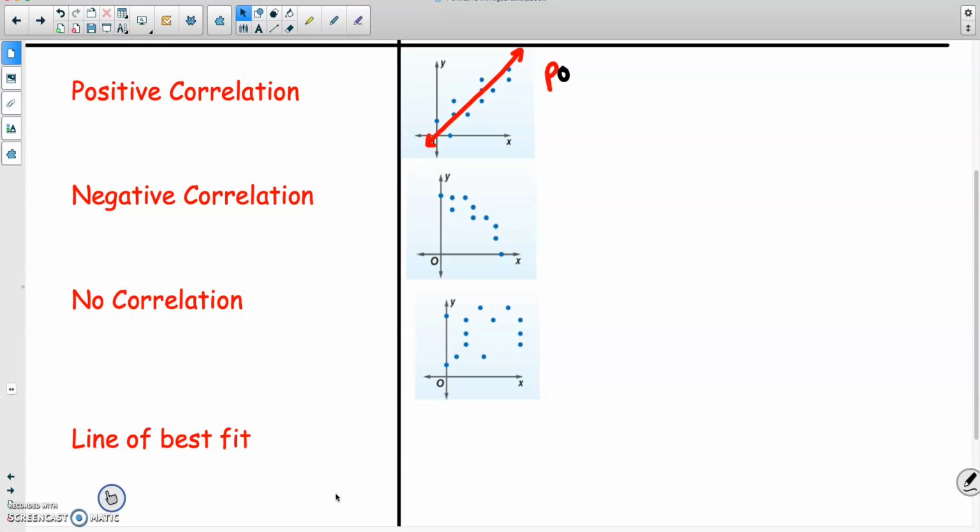So positive correlation has a positive slope. So that means that it's rising from left to right. Now, with positive correlation, when one variable increases, the other increases with it. So as x increases, y increases.